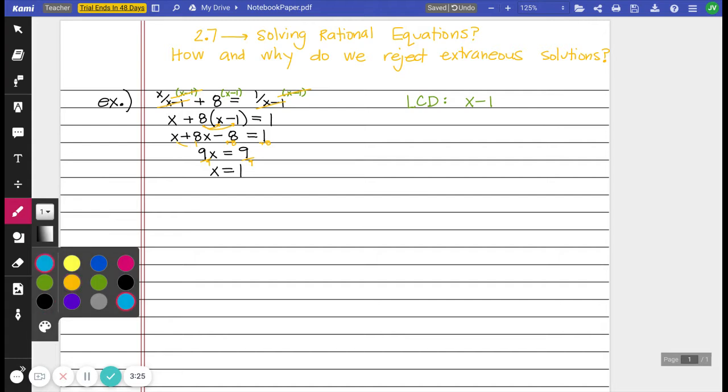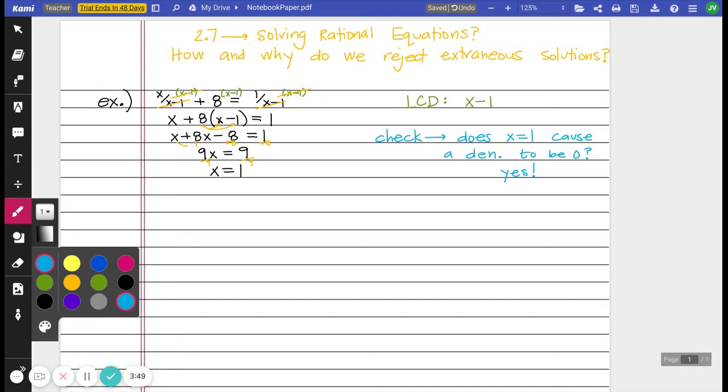But now we have to check it. Does an answer of x equals 1 cause a denominator to be 0? And the answer to that question is yes.